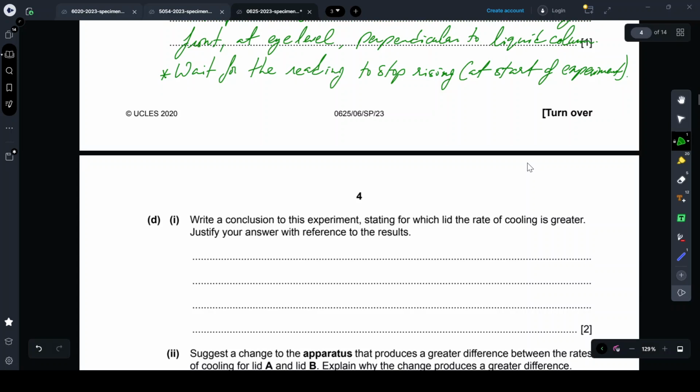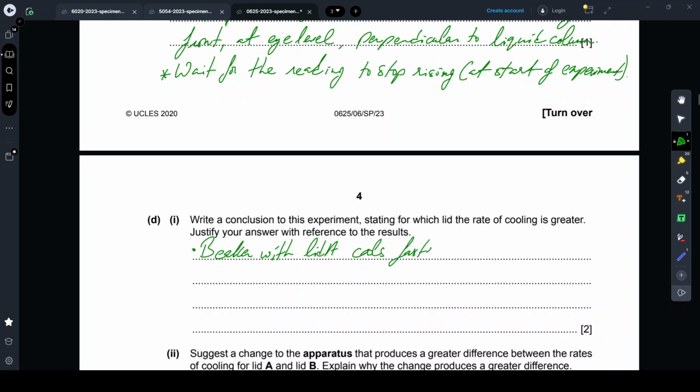Write a conclusion to this experiment stating for which lid the rate of cooling is greater. Again, you can write it as bullet points. Beaker with lid A has a rate of cooling greater. It cools faster, with a change of 12 degrees centigrade over 180 seconds.